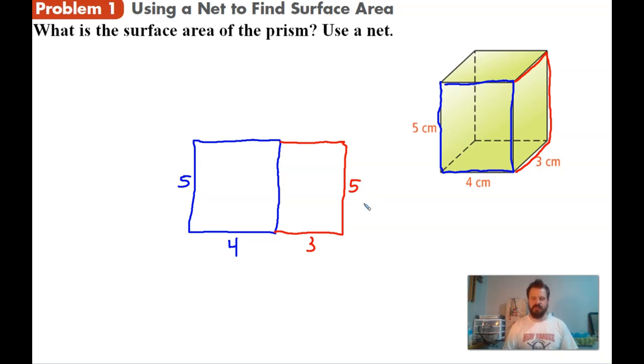Okay, because we're going to have the same 5 here. Okay, we also have the top side we see, which would be this face right here, which should have dimensions of 4 by, this side's got to be matching here, so that'd be a 3 again.